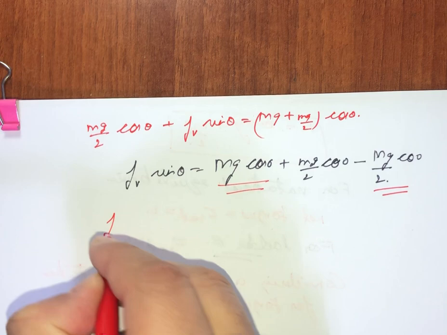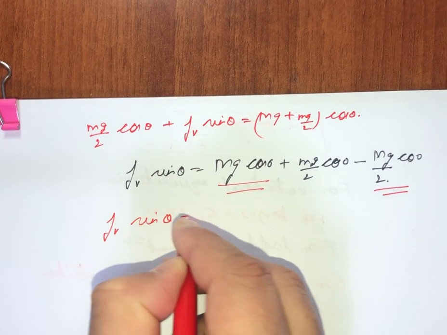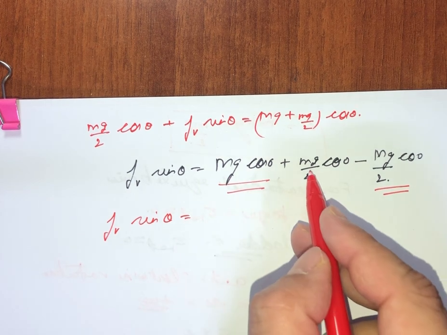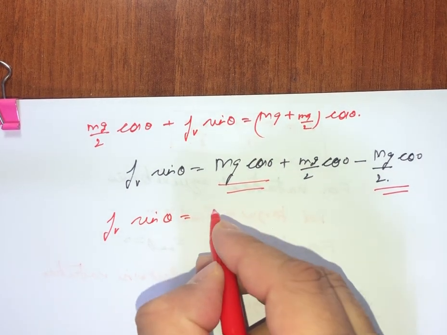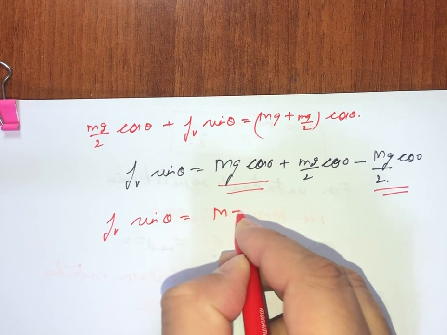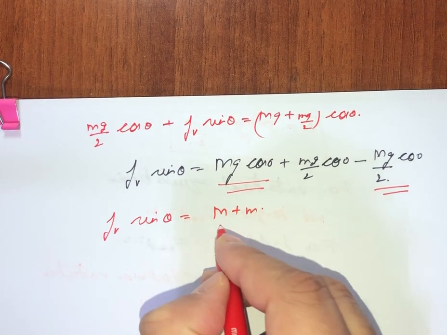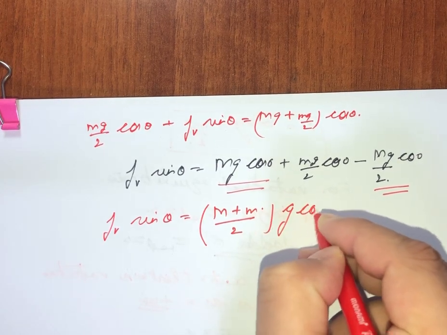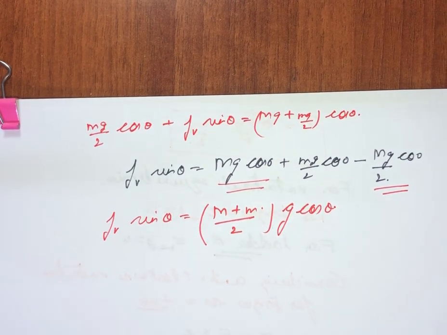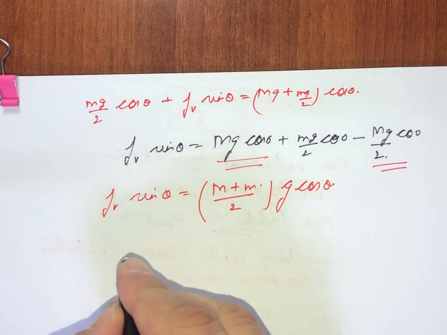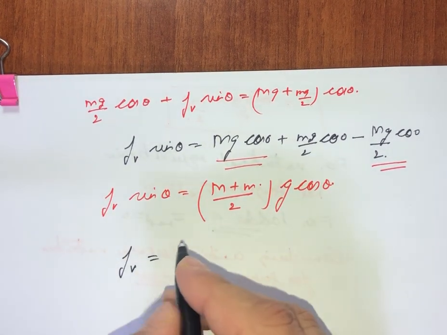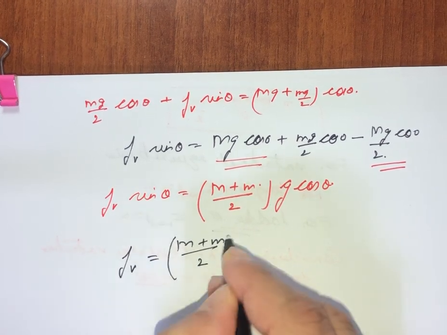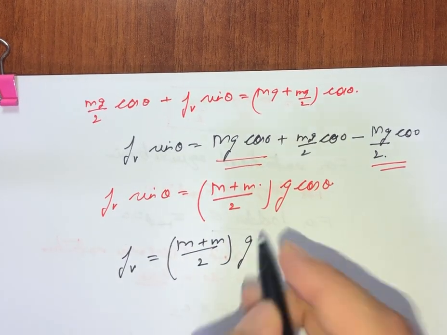We get this as Fr sine of theta, so this will be 2, and mg cos of theta, we can take g cos of theta common, so this becomes m plus m divided by 2, and this will be g cos of theta. So finally we get friction is equal to m plus small m divided by 2, and g, this will be cot of theta.